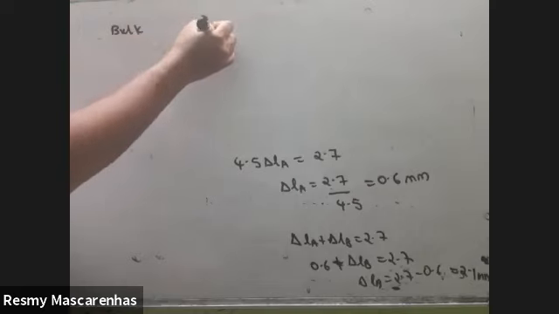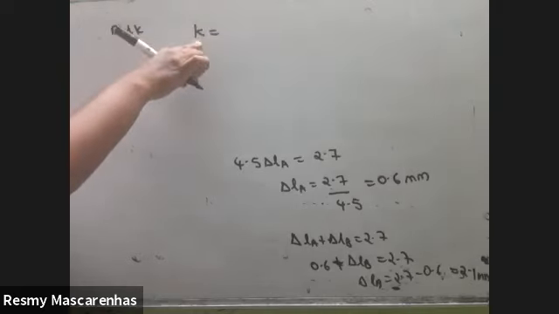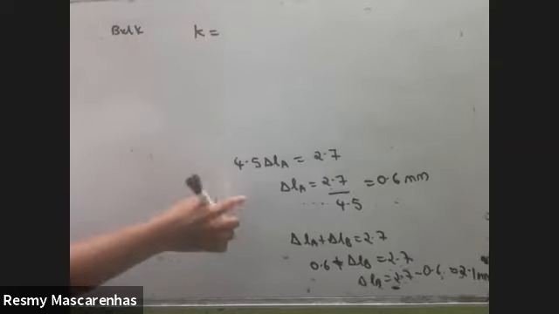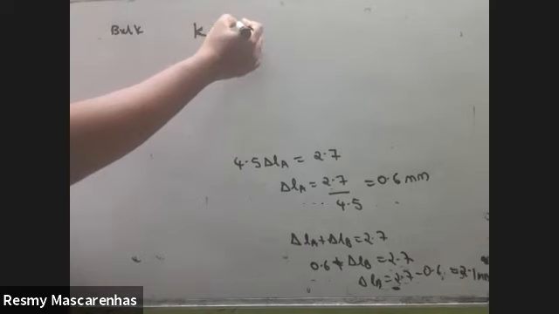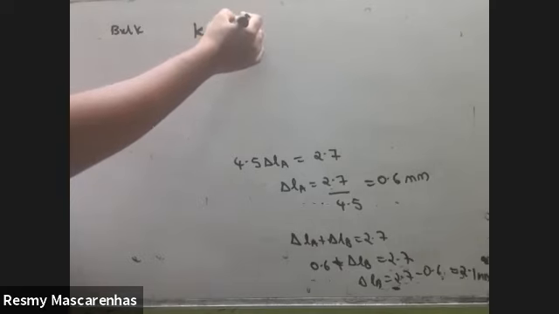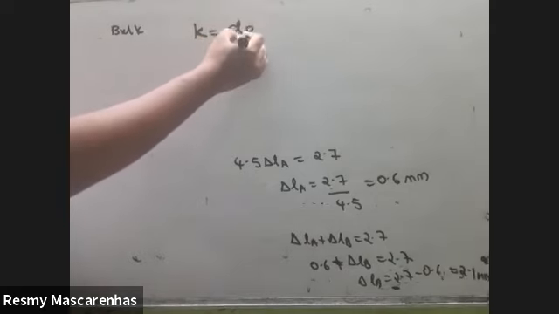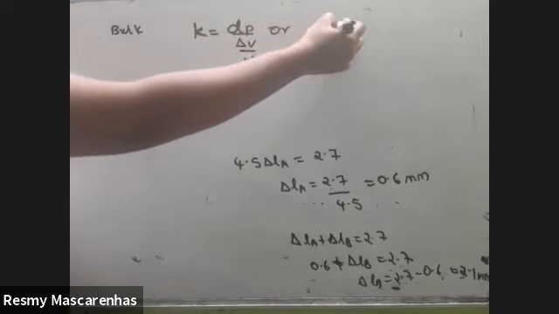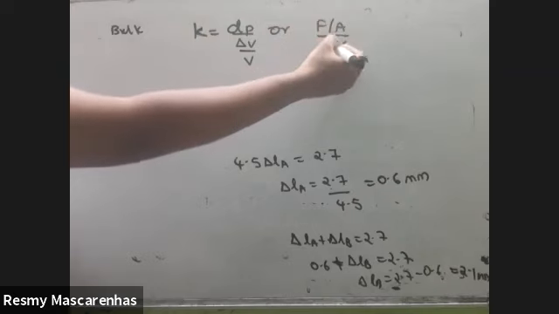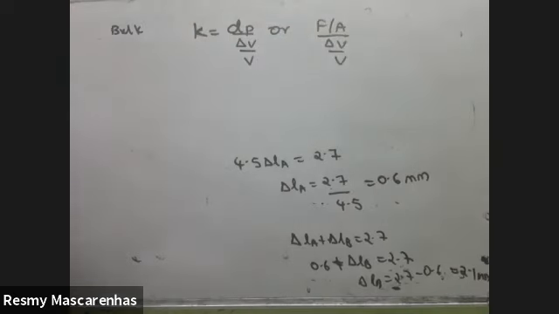You can use the letter K. Instead of Y, we can use K for bulk modulus. So two ways we had seen that. One is dP upon delta V upon V, or force upon area, both the ways. Then P was pressure.